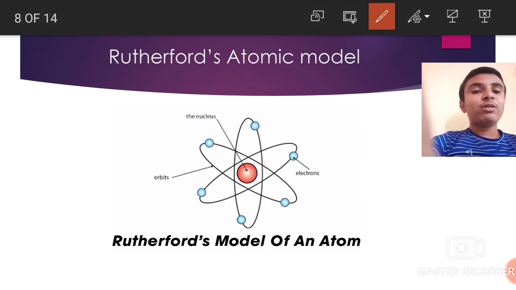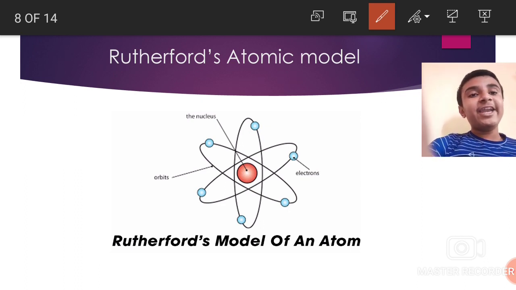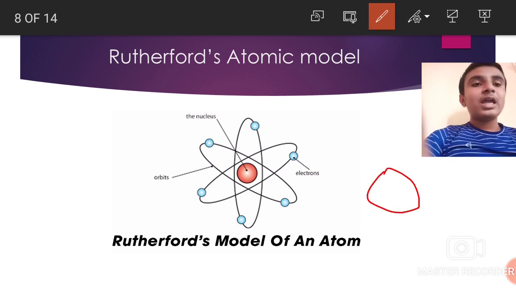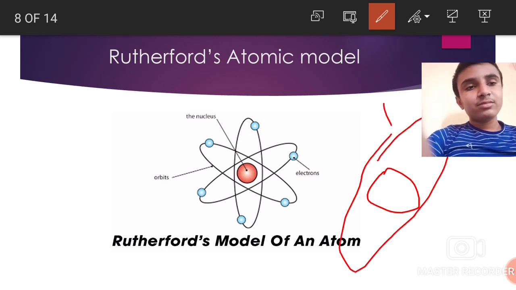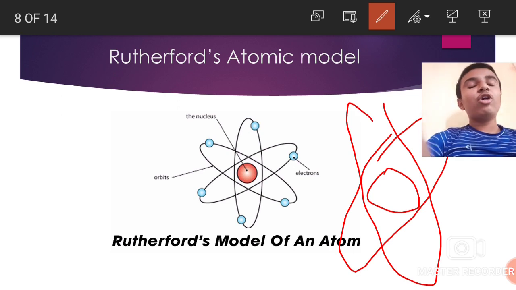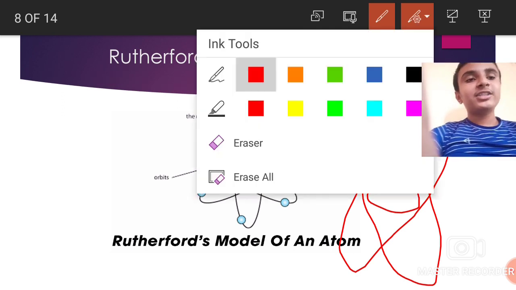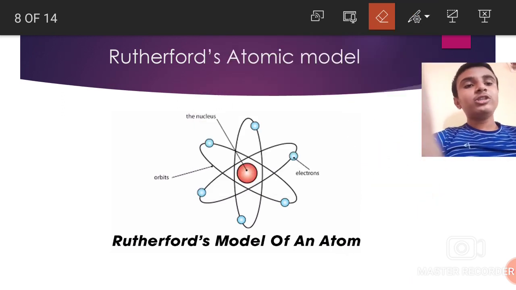Thomson's atomic model tells us that there is a spherical cloud of positive charge and the negative charge, the electrons, is embedded in it. This is wrong. We can divide the atom like this: the nucleus is in the center and the electrons are revolving around it, as you can see here.